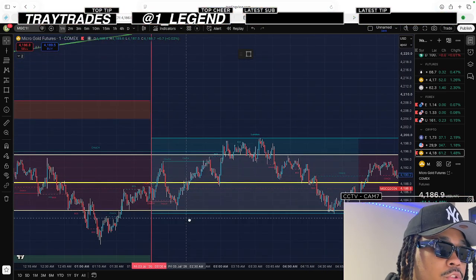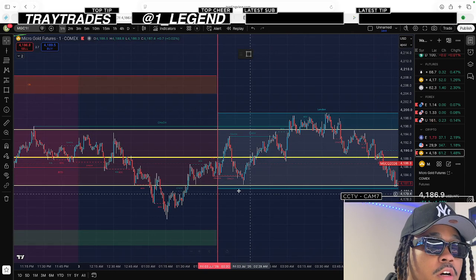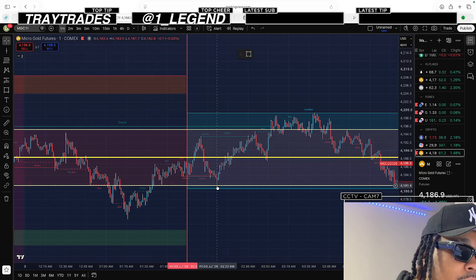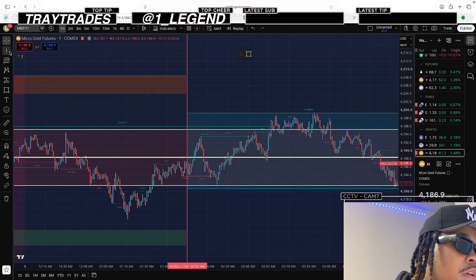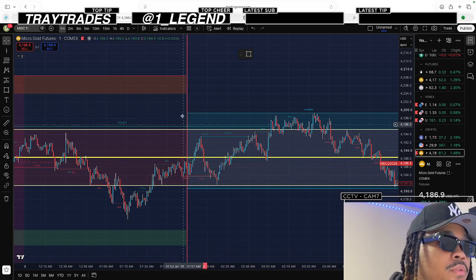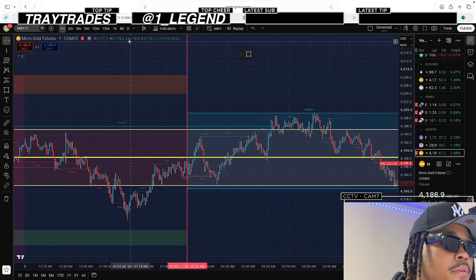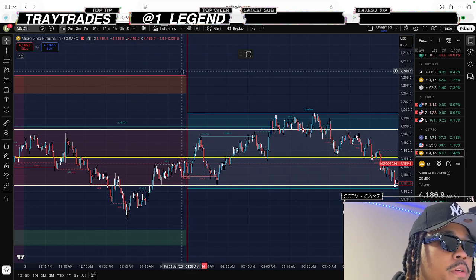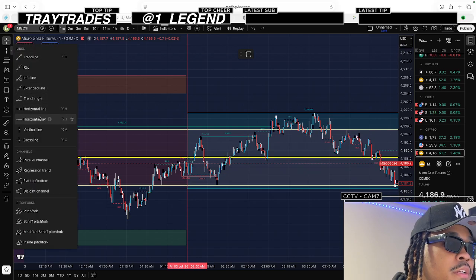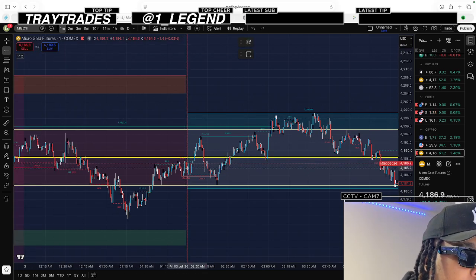At 2 o'clock, what you want to do is you want to see the opening price of the 2 o'clock candle, right? And I'll show that to you right here. This is the 2 o'clock candle. If you look up top right here, this will show you the opening price. Opening price 41861. We can get a horizontal ray. Booyah.